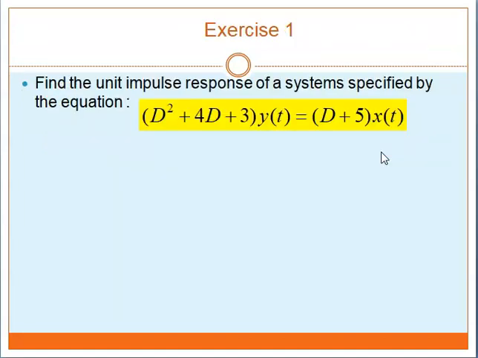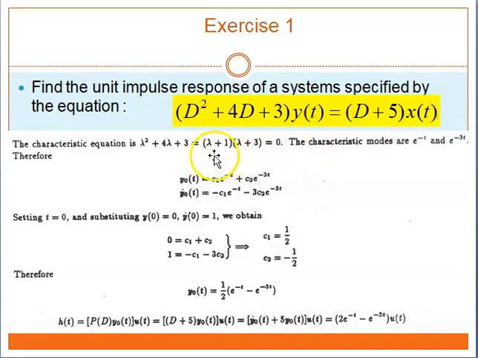So let us see this first example. Find the unit impulse response of a system specified by this equation. So you have (D squared plus 4D plus 3) y(t) equal to (D plus 5) x(t). So how do you solve this? As usual, you have to find out what the lambdas are.